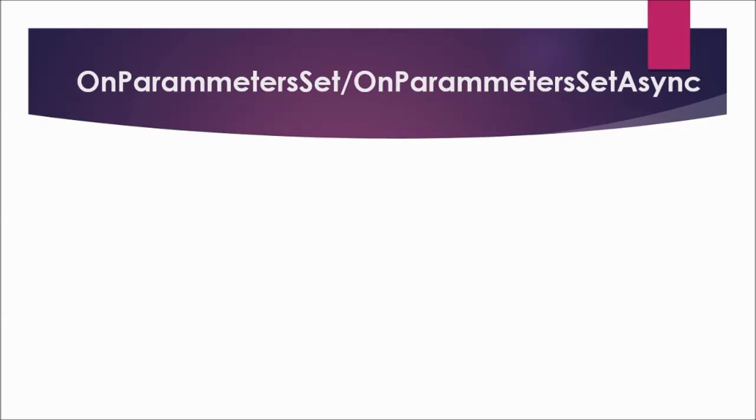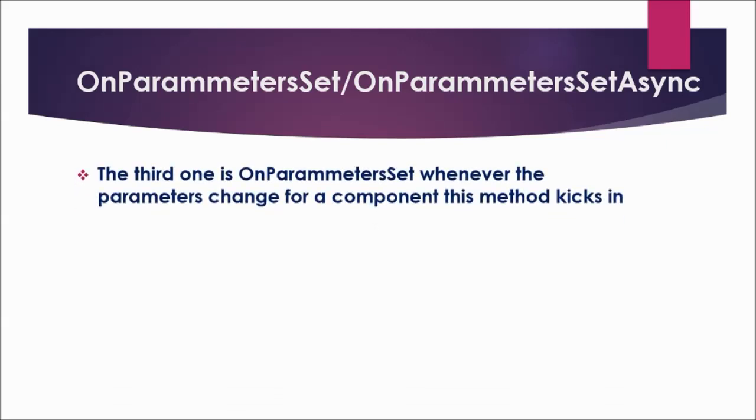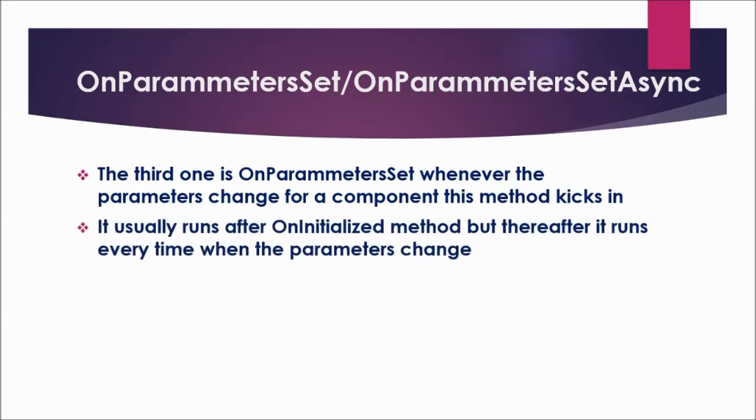OnParametersSet or OnParametersSetAsync. The third one is OnParametersSet. Whenever the parameters change for a component, this method kicks in. It usually runs after the OnInitialized method, but thereafter it runs every time the parameters change.